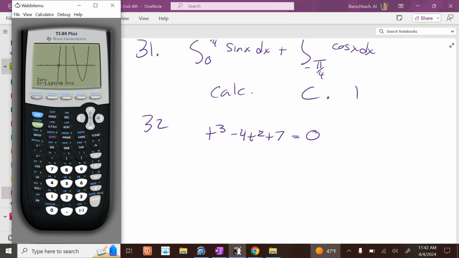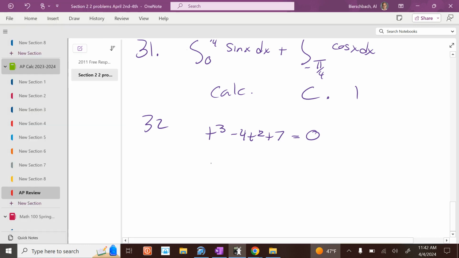Oh, for time greater than 0. All right. Second trace, equals. Second trace, zero. Enter. Enter. Enter. So 1.772.